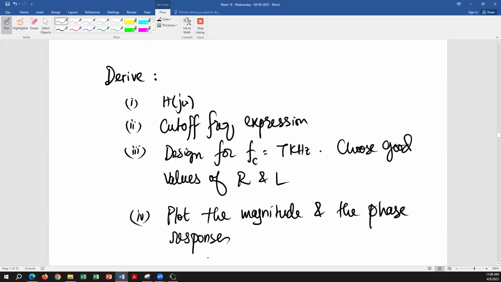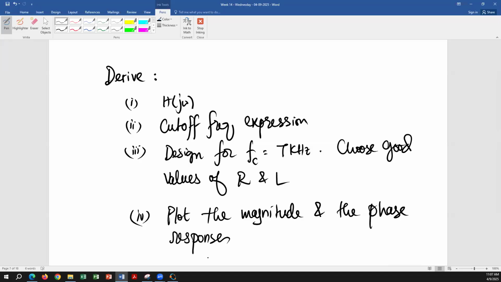All right, I want you to do this, because again, we did it for RC, and a similar thing you have to do for RL. So there's no point of me spending that much time doing the same thing for RL. So do these 4 things as you saw. Don't just leave it, because if you don't do it, and if I do give this problem in, let's say, an exam or quiz, and you have not done that, you will not have any practice, and you're going to end up getting a 0.